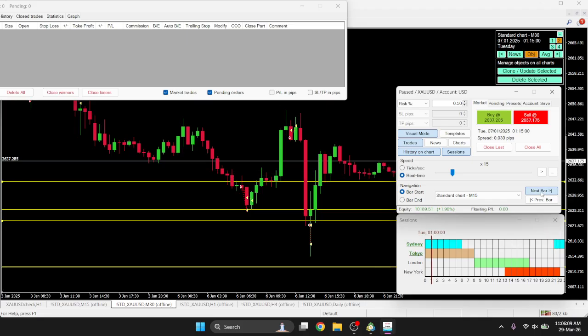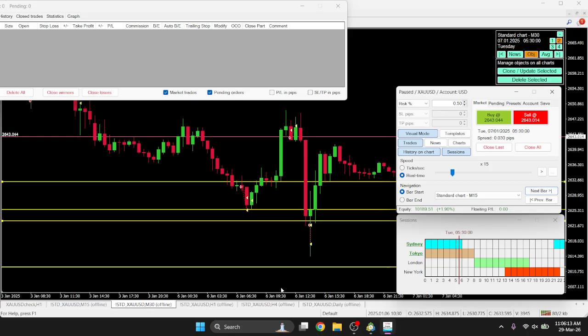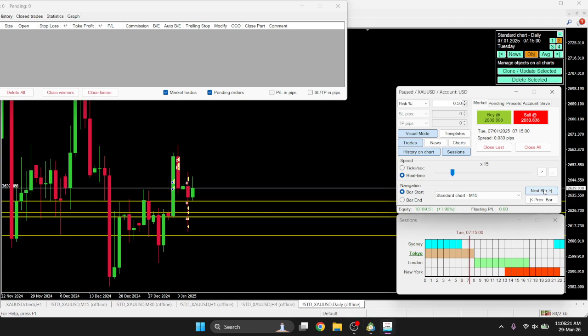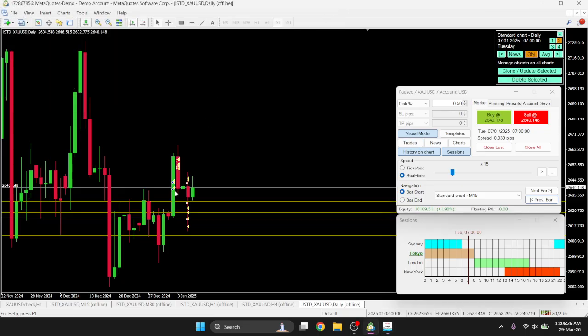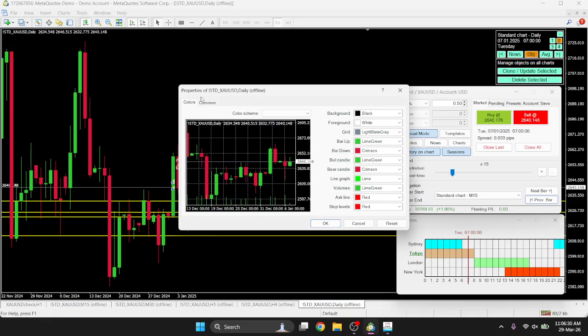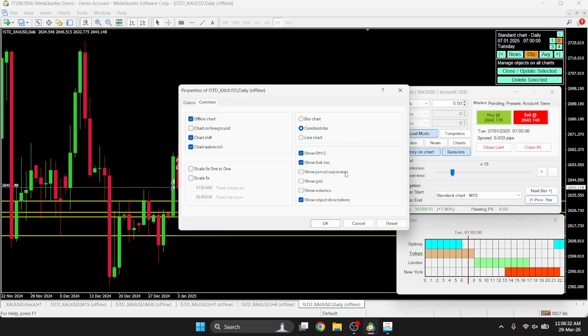Next day. The previous day maybe broke the daily high or daily low. Yes. So the previous day created just an object.